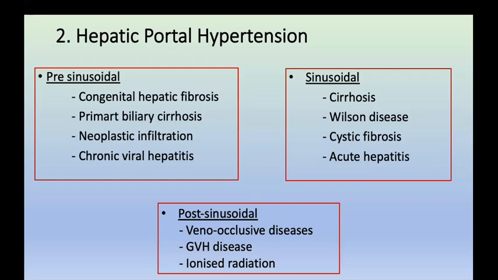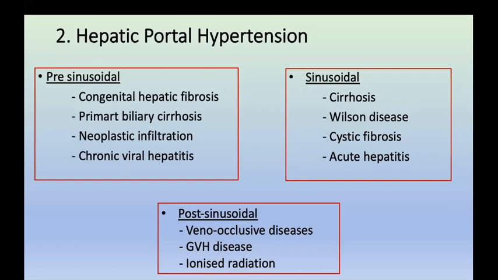It can change the sinusoid. It could be a mechanical change, as I said before, due to nodules or fibrosis, or it can be due to dynamic changes, like changes in nitric oxide and other cytokines produced from the liver, which can change the dynamicity of the portal flow, causing hypertension.